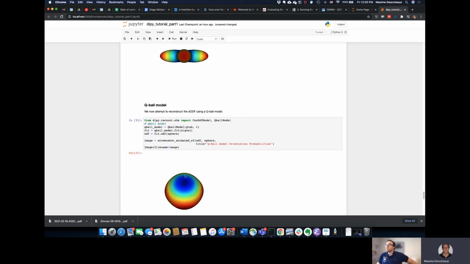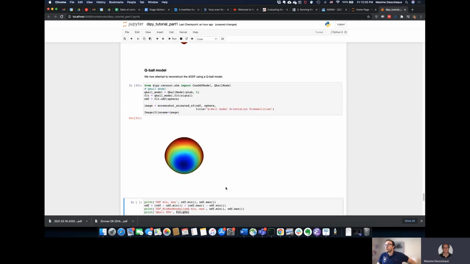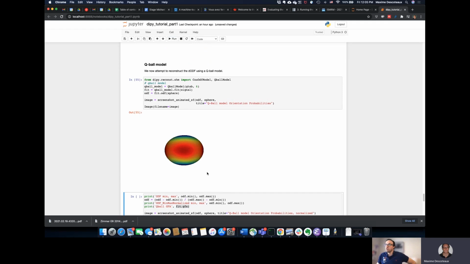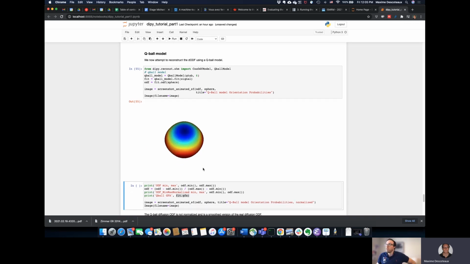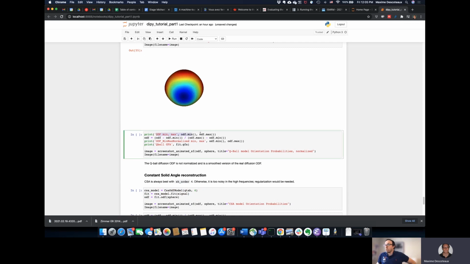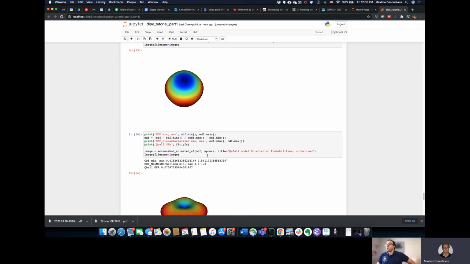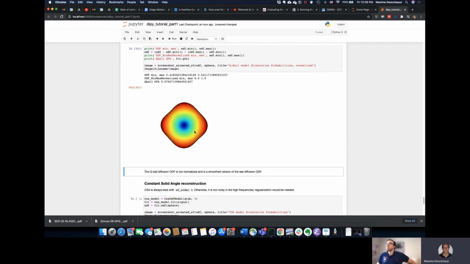So we run this, and as you can see, and as it fits with my presentation, this is a fat 90-degree crossing ODF that I'm not normalizing here. Right? This is the raw cue ball ODF, a potato. I can min-max normalize it. If I do, I get something a little sharper, right?